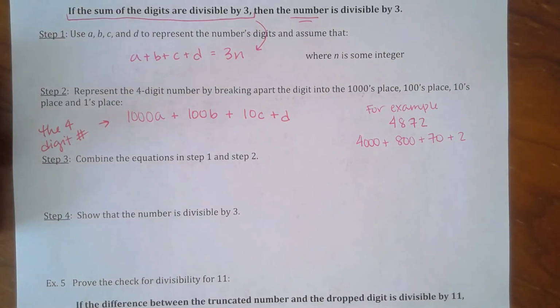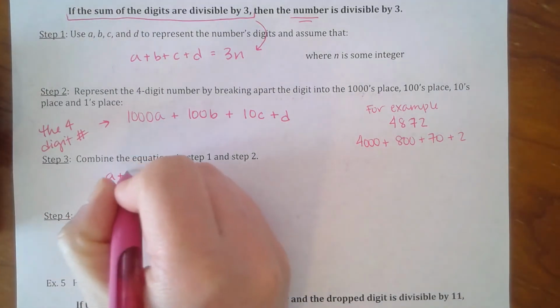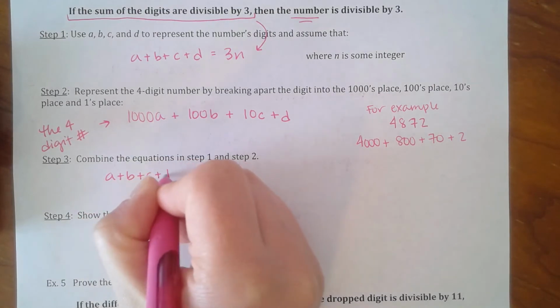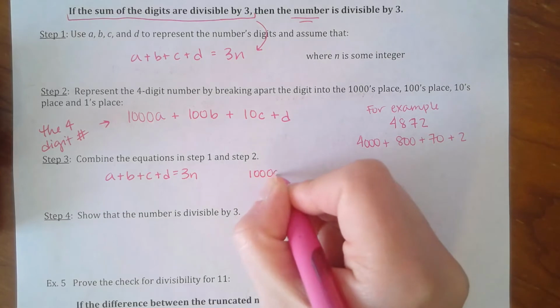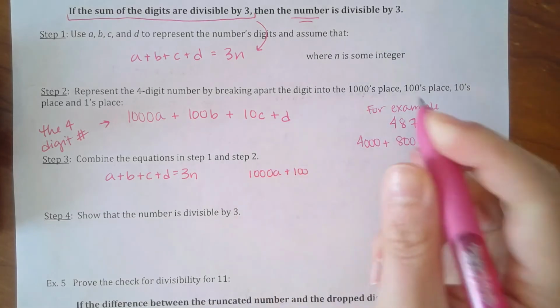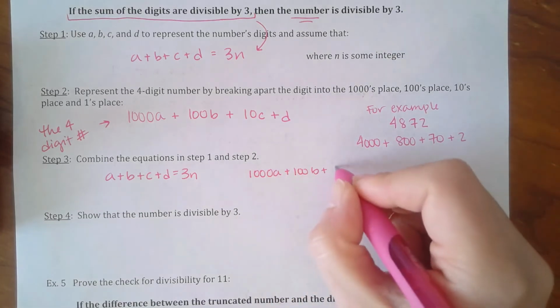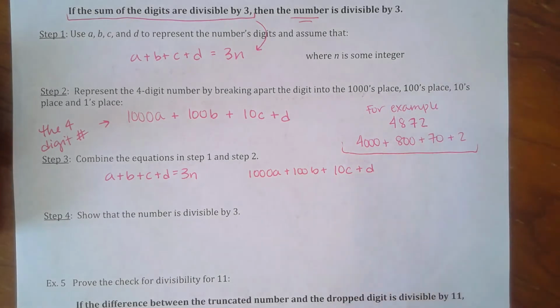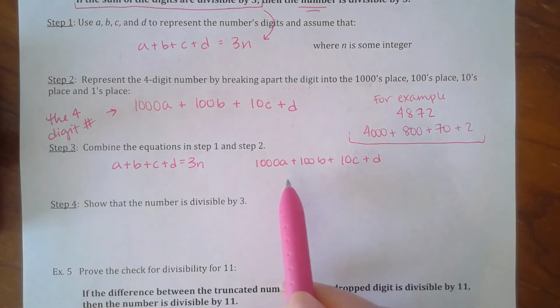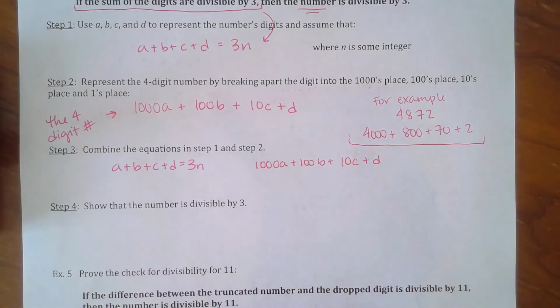Okay, so what we have now is A plus B plus C plus D equals 3N, and I have 1,000A plus 100B plus 10C plus D. And so now what we're going to do is show that this is divisible by 3, knowing that this is the case. So we're going to use a combination of these two equations, kind of like a system.